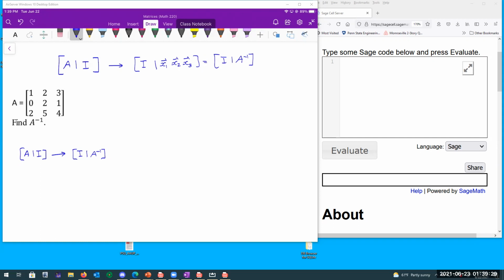Okay. So let's form this matrix, if I can find my mouse. Okay, so we have B is the matrix that has 3 rows and 6 columns.